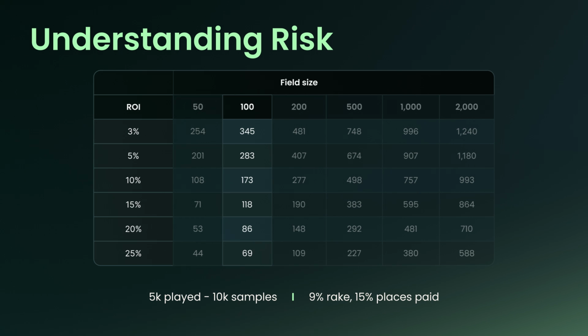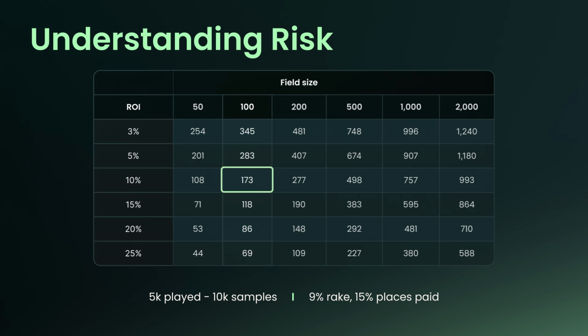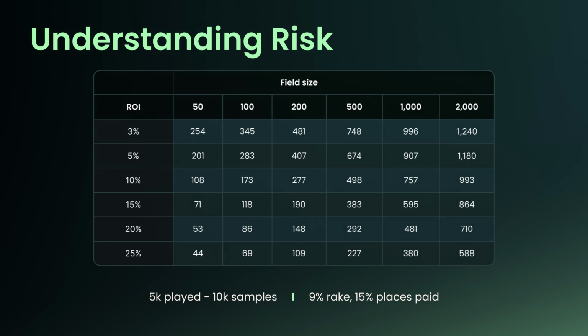That could be a hyper tournament, but it could also be a max late registration for a tournament. And if we would have, for example, 10% ROI, we would only need 173 buy-ins for 5% risk of ruin with 100 runners. And if we have a pretty big edge over the field and can achieve 25% ROI, we would only need 69 buy-ins, for example.